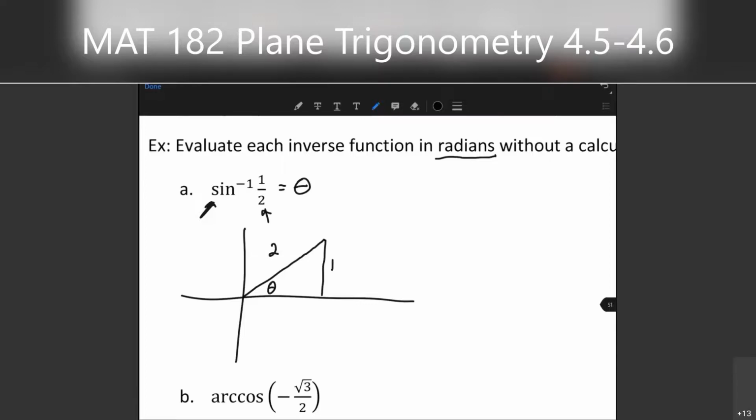What would that make our adjacent side? Yep, √3. Excellent. And based on that triangle formation, that's really a 30, 60, 90 triangle there. What's the angle theta here?